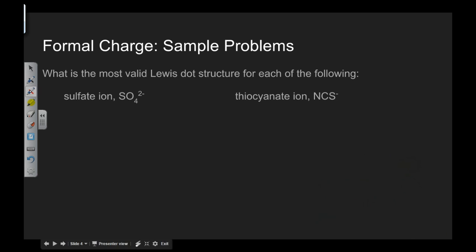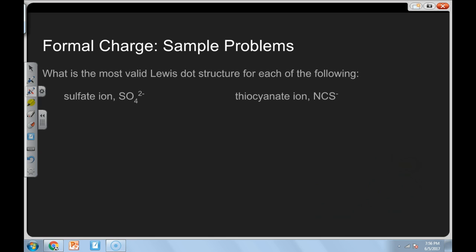Okay, so sorry that this video is a little longer than most, but it's good to go on. So we've done sulfate ion a lot, okay? And so we would normally do sulfate ion kind of in the past like this. And again, this isn't a video on how to draw Lewis structures. If you need that, you can go back and look at that. And so we would normally do this, okay? And then notice all the oxygens are the same.